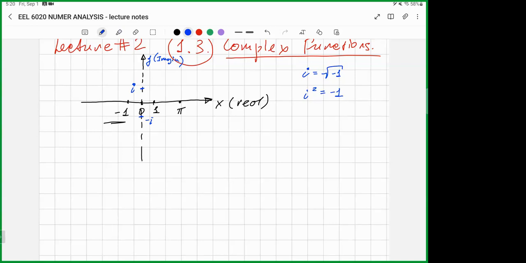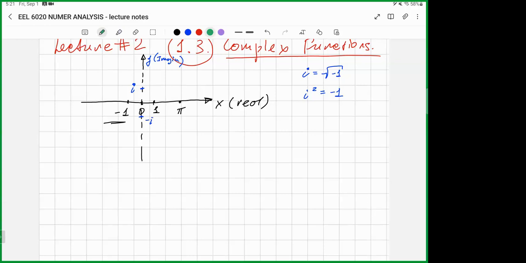For people who never dealt with complex numbers, because we are used to the fact that the square of any number gives us something positive. In this case, it is equal to -1. And in this sense, it's a little bit unusual.